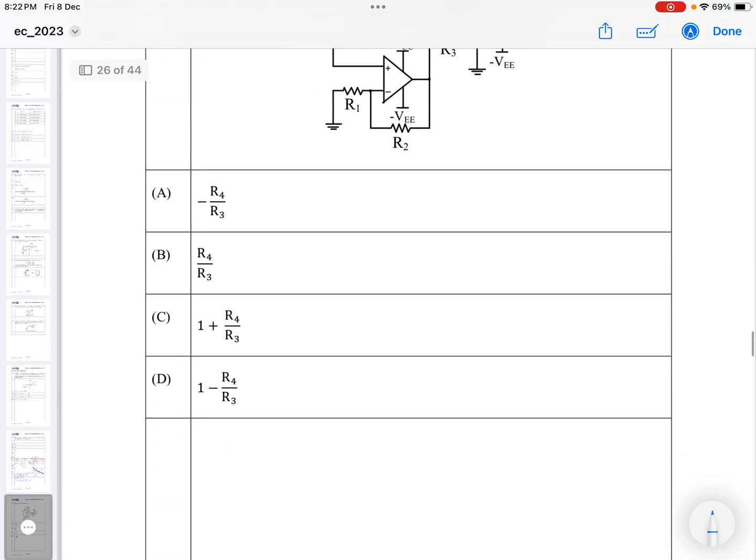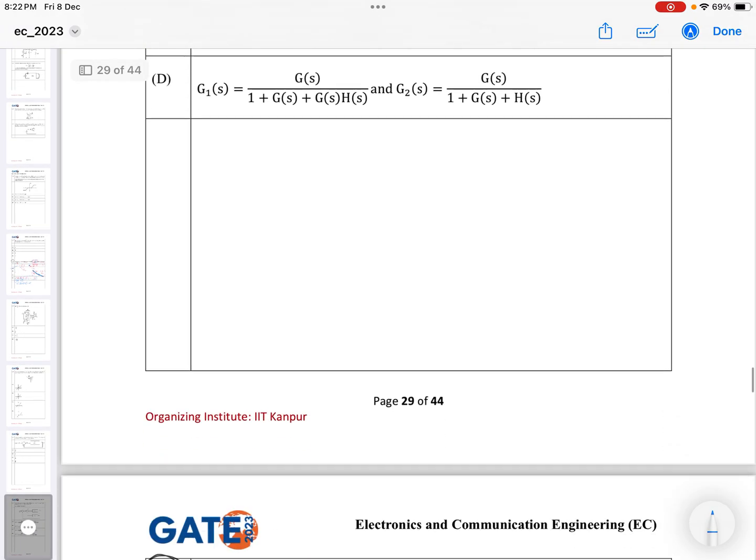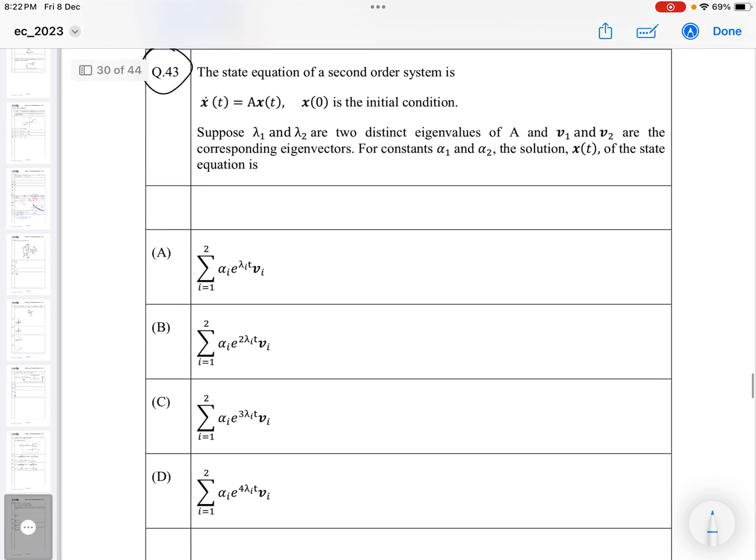Now let's move to another question, that is question number 43. This question is directly, you can say, a standard problem.